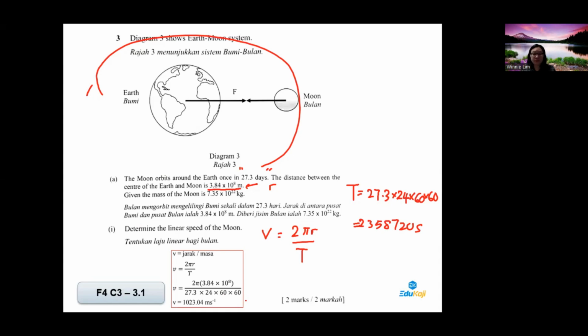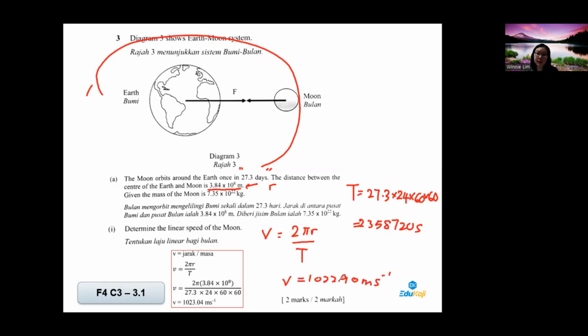I also tried pressing the calculator to see if there is any mistake or not. 27.3 times 24 times 60 times 60. If I use the pi in the calculator, my value will be 1022.90.